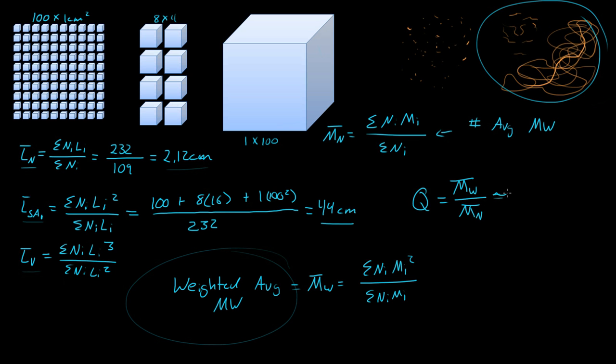And usually that's between 2 and 5. There's actually a lot of other ways of calculating the average molecular weight of polymers, but these are two important methods, and the polydispersity index is also very important. So that was a quick video over how to calculate the different types of molecular weight averages for polymers.